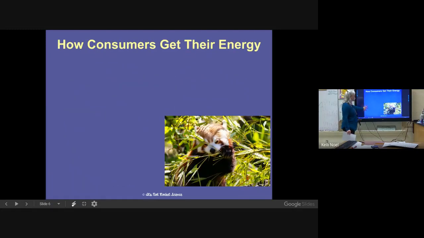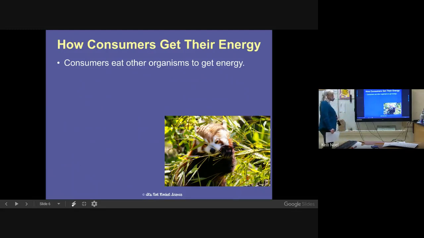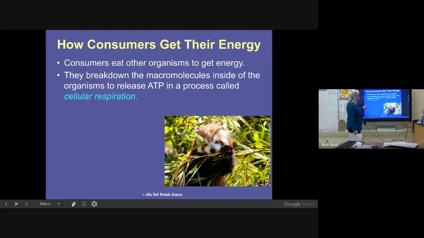So how are the consumers getting their energy? Well, of course, we have to eat other organisms, and that's a red panda, if you were wanting to know what that was. And once we eat whatever it is, the plant or the animal, our body is going to break down that food into macromolecules and then eventually go through cellular respiration to release ATP.